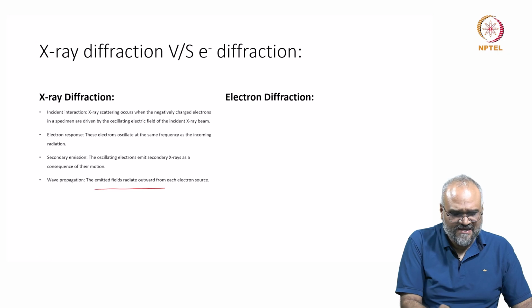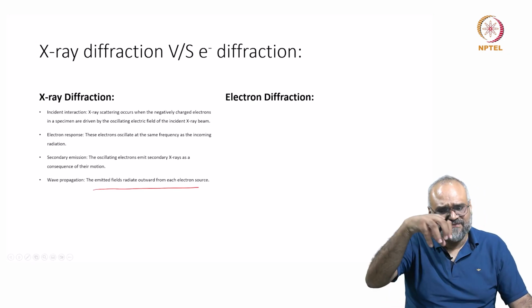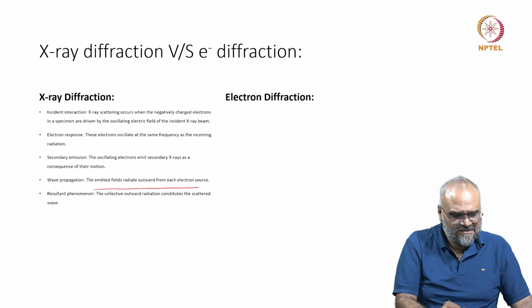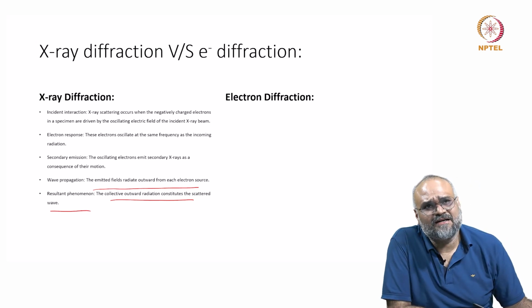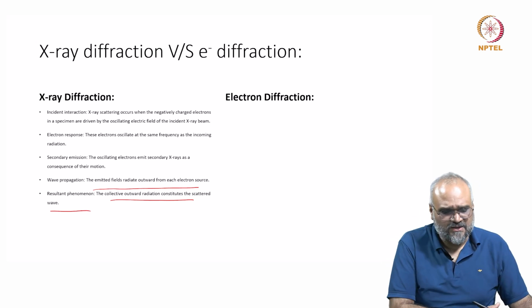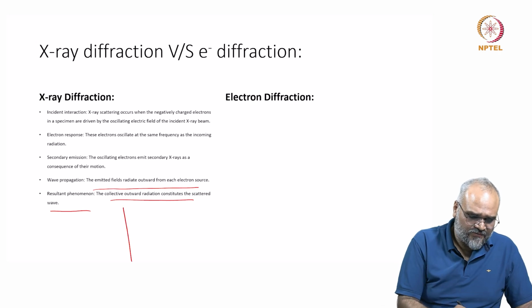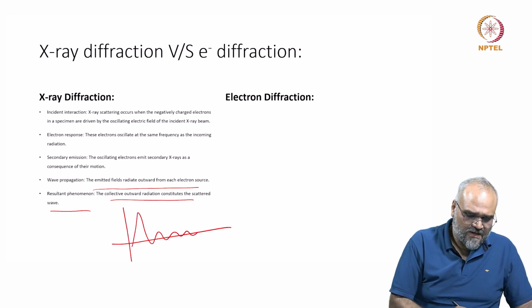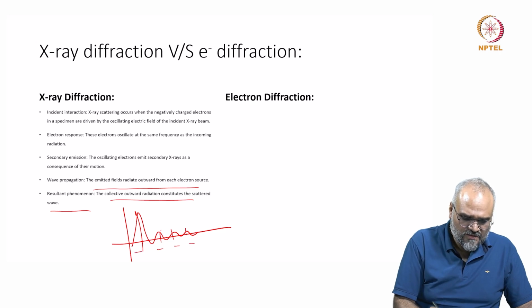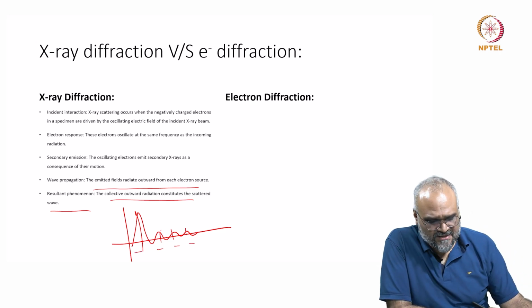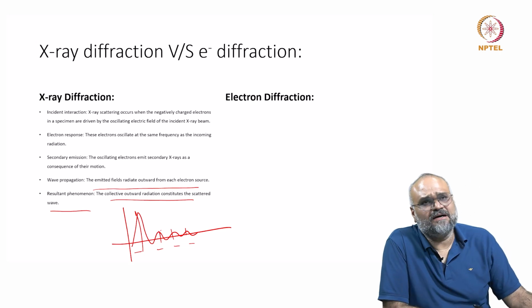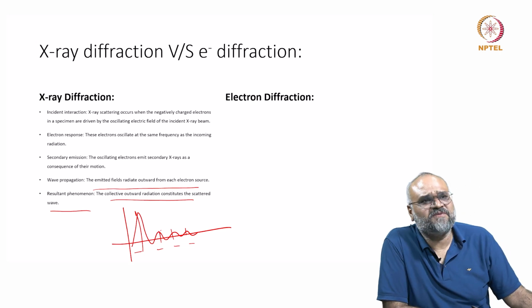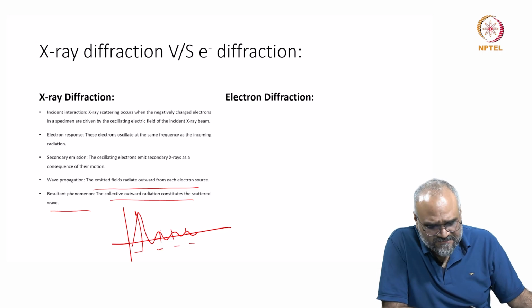The emitted fields radiate from each of these electron sources, and the resultant outward scattered radiation is the X-ray diffraction pattern, which you often see as a variation in intensity, and each of these peaks corresponds to positions which are in turn equivalent to the lattice planes that are satisfying my X-ray diffraction criteria.